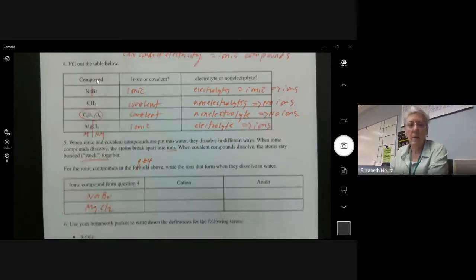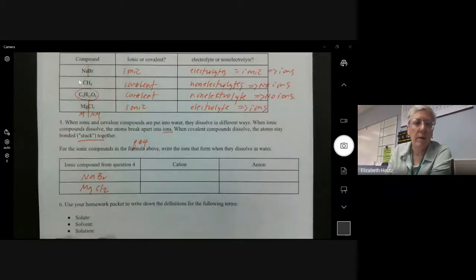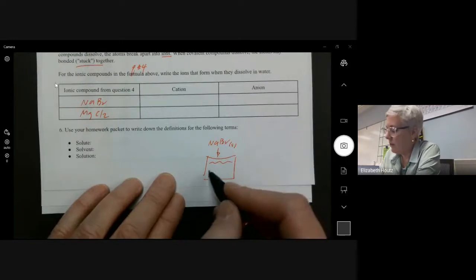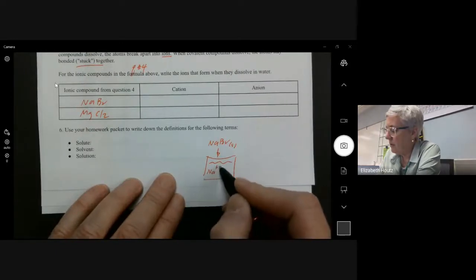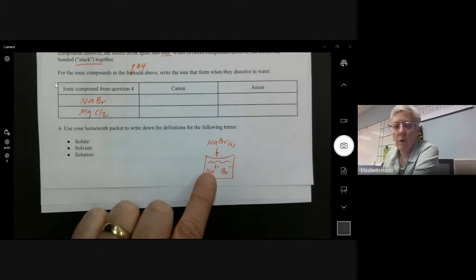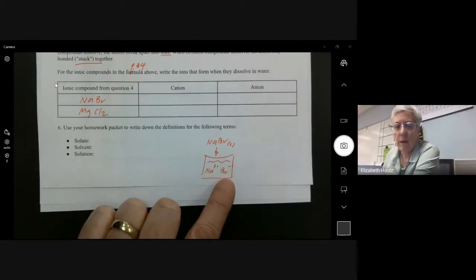All right, and if I were to put sodium bromide into water, I'm going to draw a little picture right here. All right, solid sodium bromide, you put it into water, you dissolve it, it's going to break apart to sodium ion with a +1 charge and a bromide ion with a -1 charge.